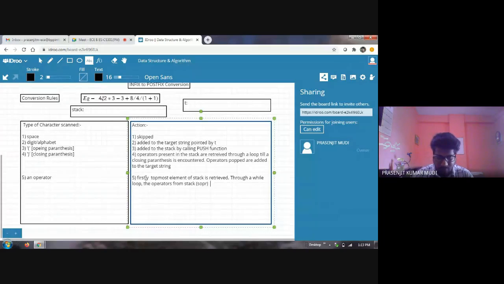So SOPR are compared with the operator scanned.